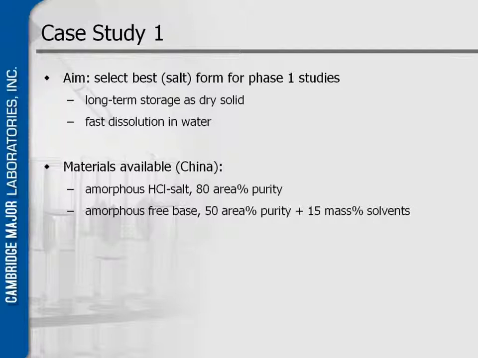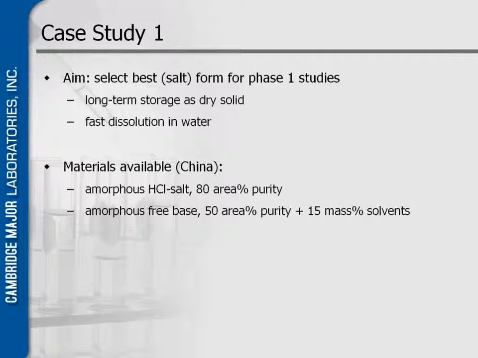Materials were available, and they had an amorphous HCl salt with 80% purity by HPLC. The freebase which was made from this HCl salt was even worse. We can do a lot to purify the product, but there is a limit, and the amorphous freebase was no good starting point for this kind of study.